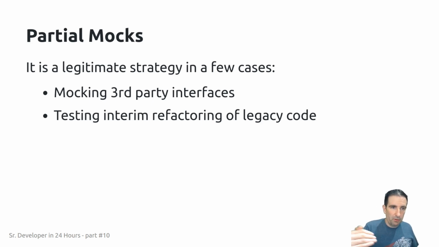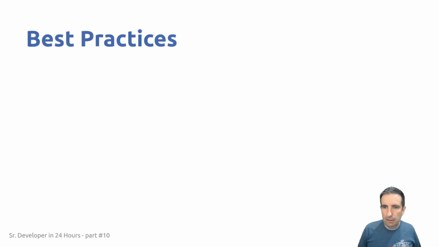And to be able to start building that test library, sometimes we have to take some shortcuts. One of those shortcuts might be creating some partial mocks of this big piece of code, this big class that we're trying to refactor. And we're also trying to build tests as we are refactoring.